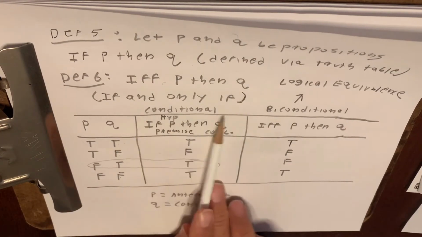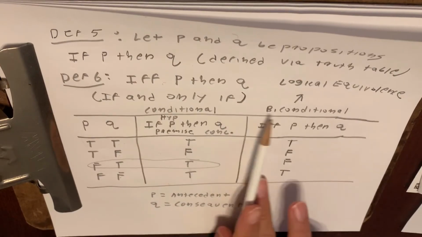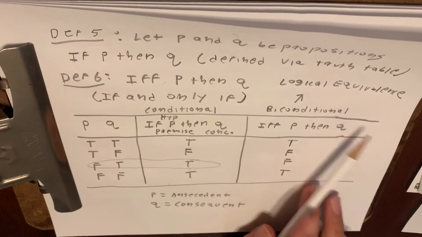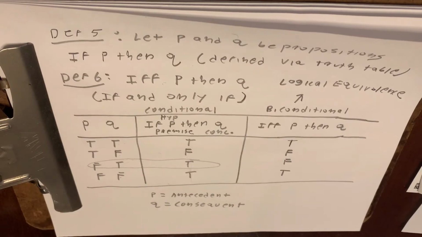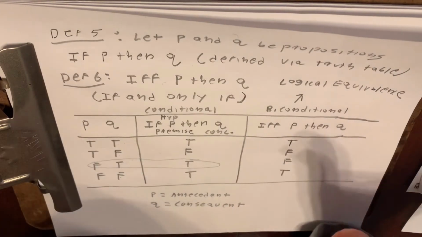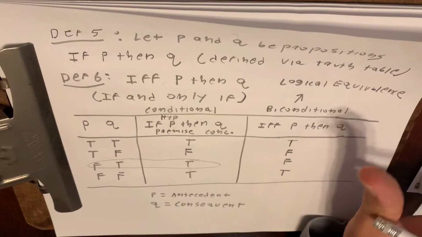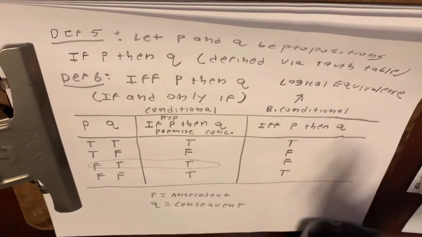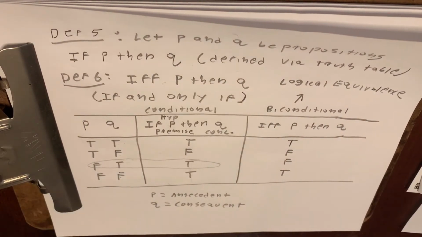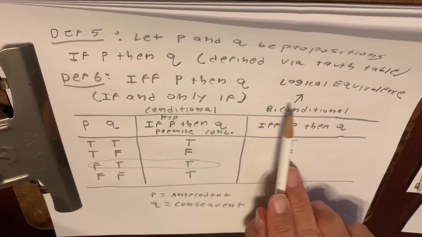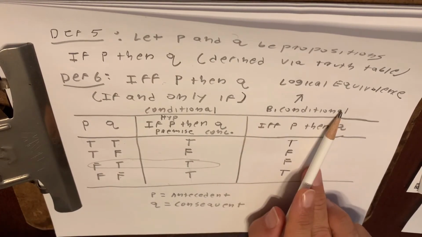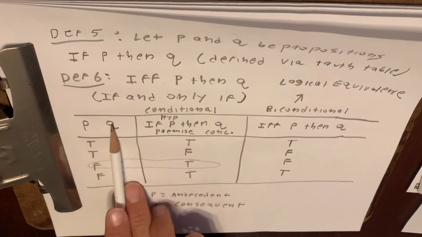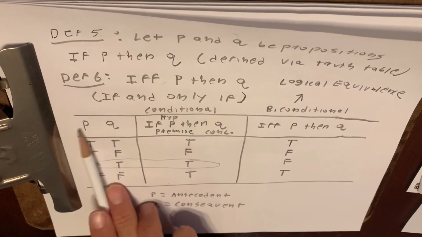This will be a separate video: a separate video for the conditional, a separate video for the biconditional. But what I will say here, to leave you with something to really understand before I close this video, which is already kind of long, is that the biconditional means that the two propositions are logically equivalent.